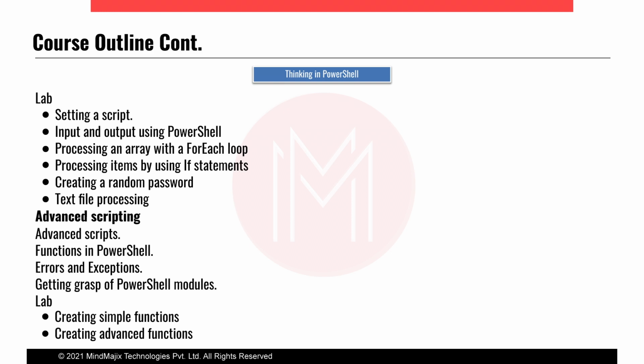So if we don't need a certain part, we can take it out easily through PowerShell modules, and our program will become lightweight. Or if we want to add a certain part in future to the existing legacy programs, we can also add those parts using PowerShell modules. So it is a very important concept in scripting, and we will be learning that through different labs here.